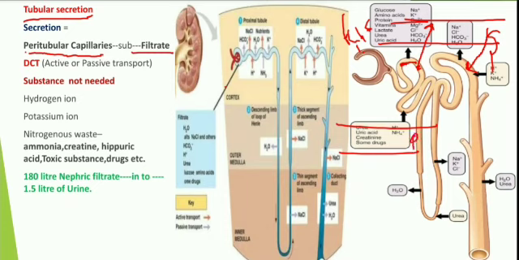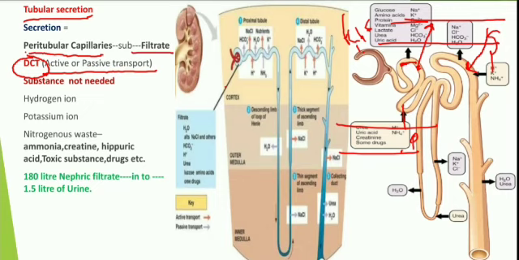From these capillaries, substances are moving towards the renal tube or filtrate, and that is known as secretion. And this secretion mainly takes place in the distal convoluted tubule by the process of active or passive transport.